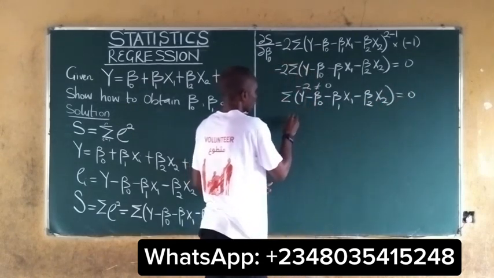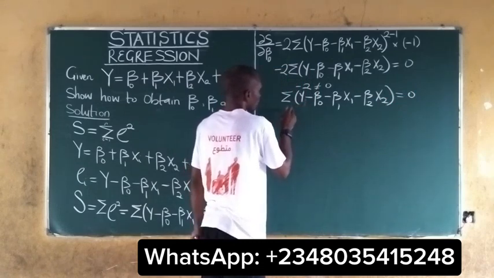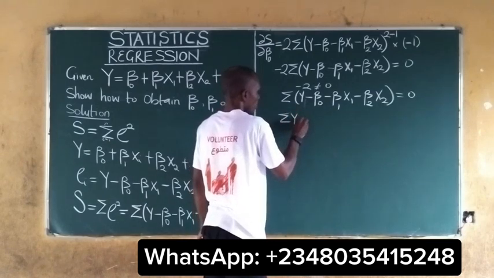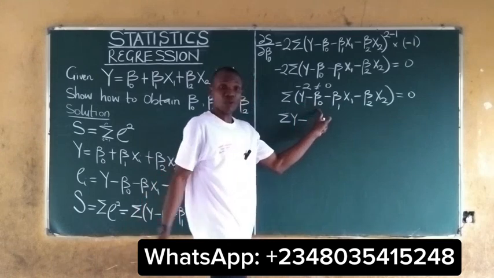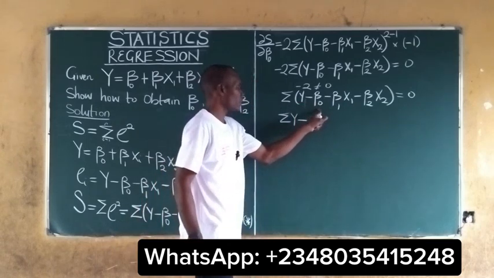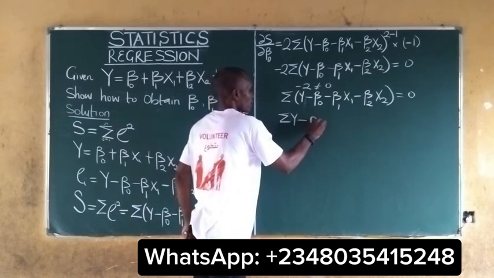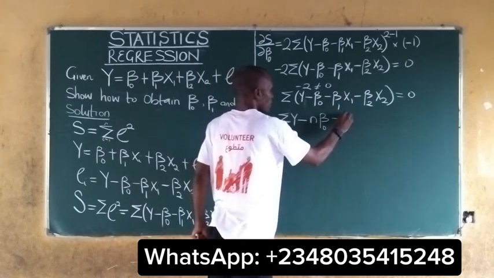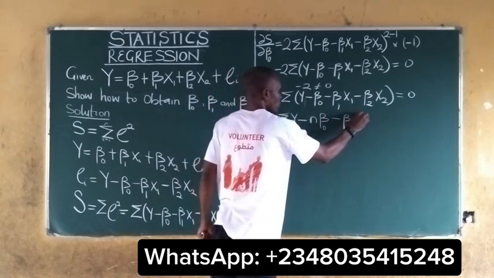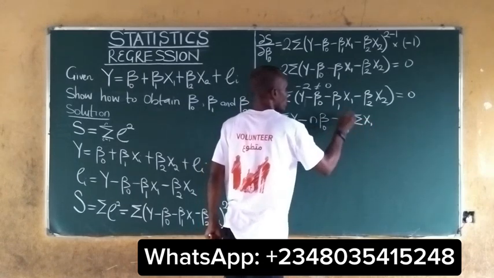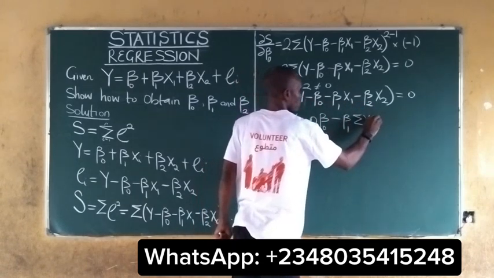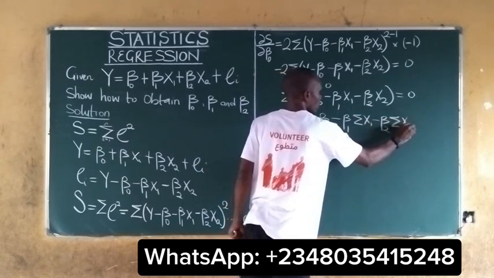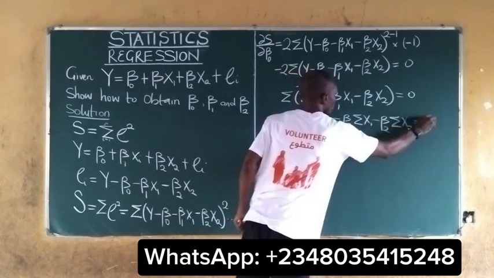If we open this and sum it, we get the summation of Y minus, if you sum a constant, you get n times that constant, so you have n B0, minus B1 summation X1, minus B2 summation X2, equal to 0.